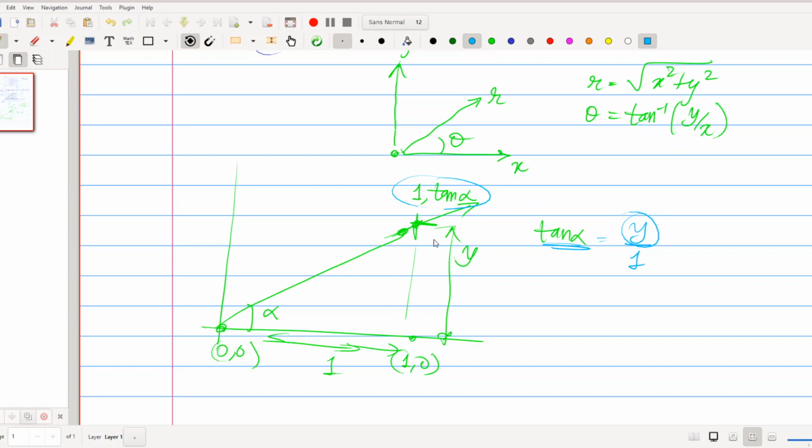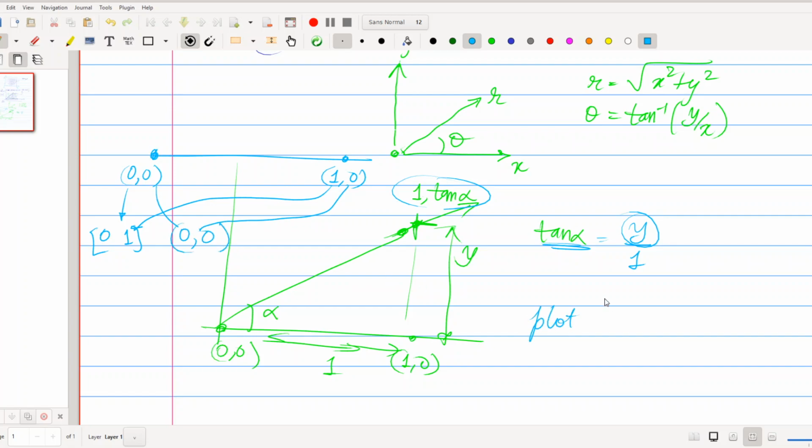Okay, so in order to make the x-axis, we have the points as shown. So the x coordinates are 0 and 1, and the y coordinates are 0 and 0. So the plot function plots all the pairs of x's and y's.